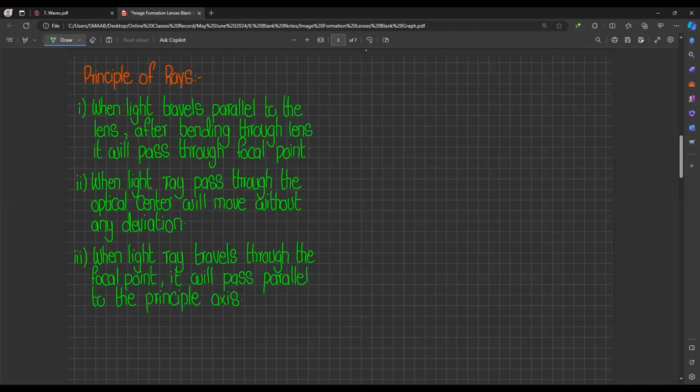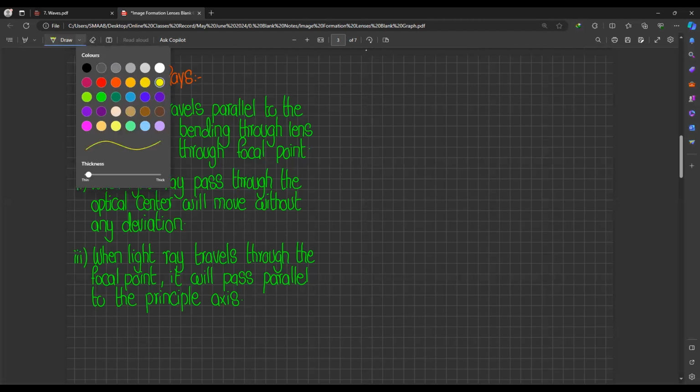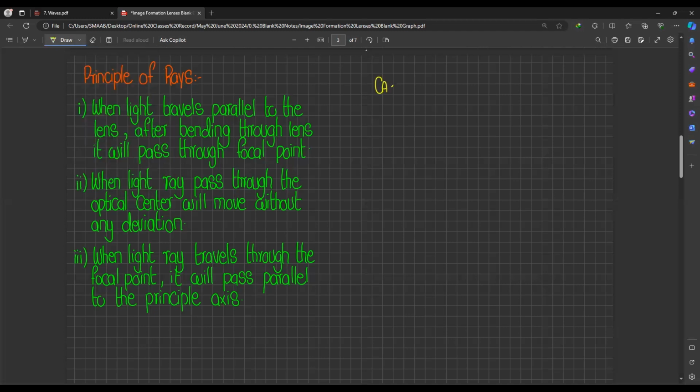Let's consider the first case, case number one, when object is at infinity.